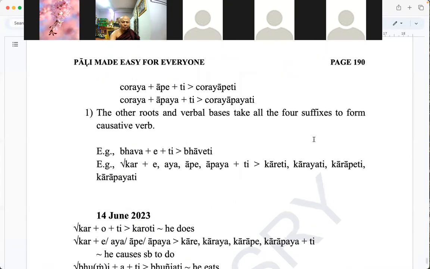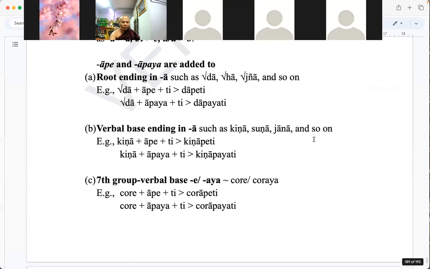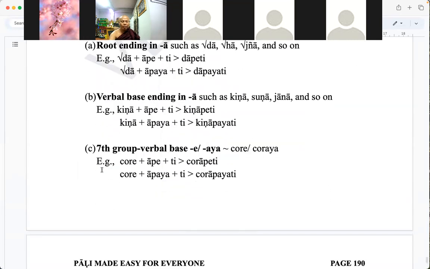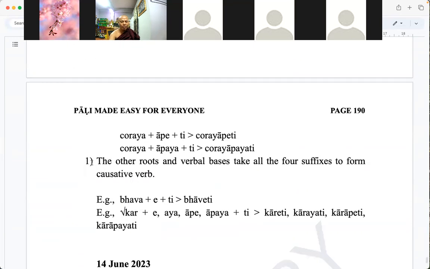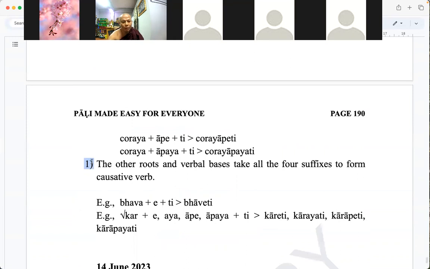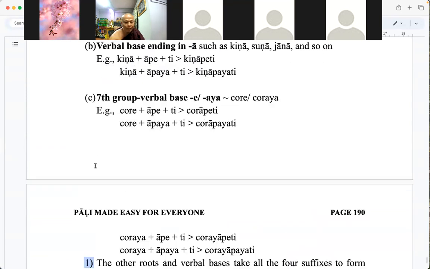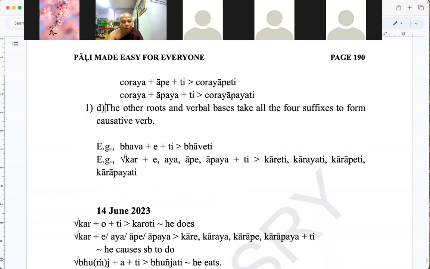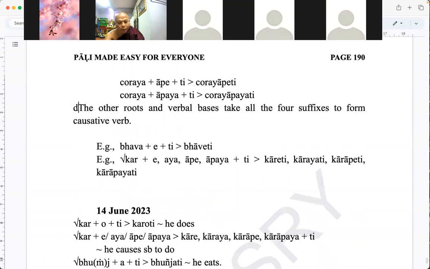Item number 2, this one should be continuously C and D. So another one, just a little bit lower, Bante.